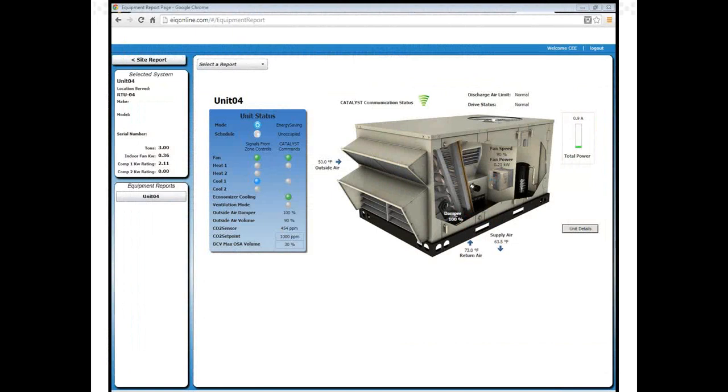Interesting enough, on this particular one, you can see that the signal from the controls, where the thermostat is calling for cooling, but the Catalyst had decided, I'm not going to do cooling, I'm going to do economizing. So it interrupted that cooling signal and allowed for the outdoor air to provide that cooling. So that's an example of some of the integrated cooling capabilities.